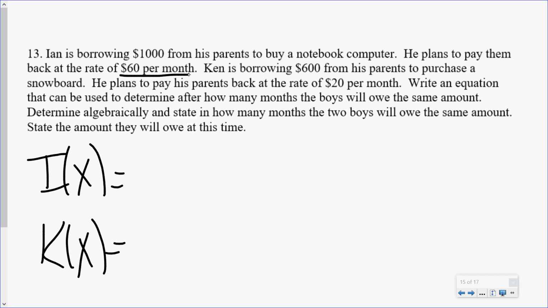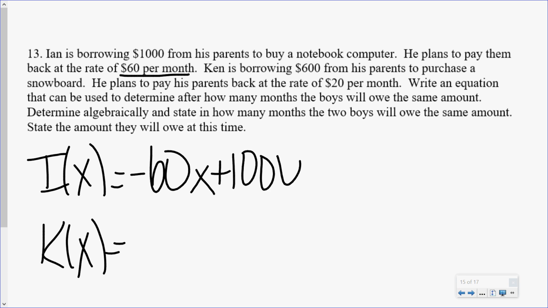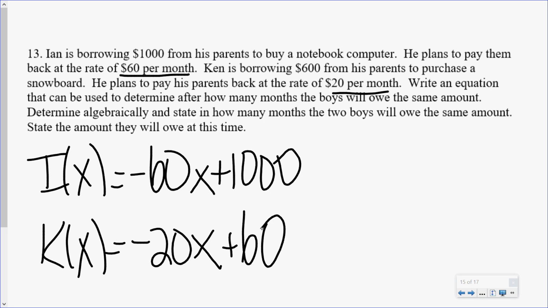If he's paying them back, then the amount he owes is decreasing. So it's going to be negative 60x plus 1,000. Same thing for Ken. If he's paying them back at $20 per month, then the amount he owes is decreasing by 20. So your per each could be minus. If it's getting smaller, then it's a negative rate. And if it's getting bigger, then it's a positive rate.